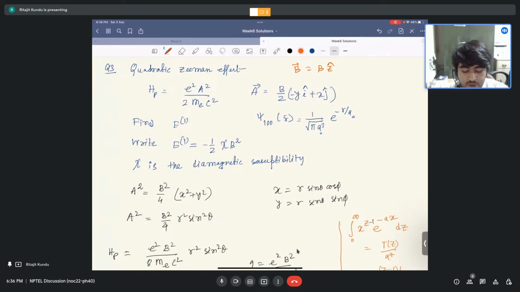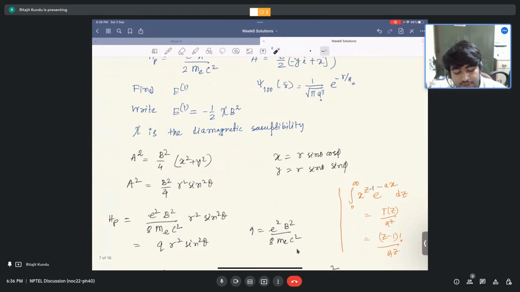A square you can calculate. This is just taking a dot product of A with itself, that gives you B square by 4 times (x square plus y square). Because we are in 3 dimensions, for the polar coordinate system we use x as r sine theta cos phi and y as r sine theta sin phi.